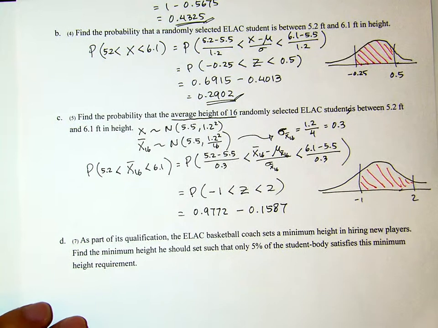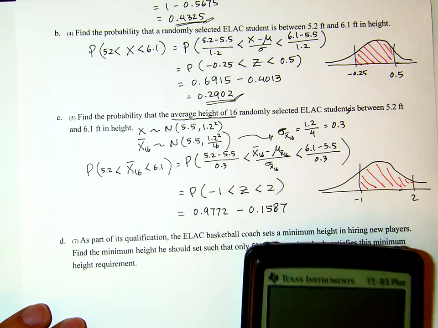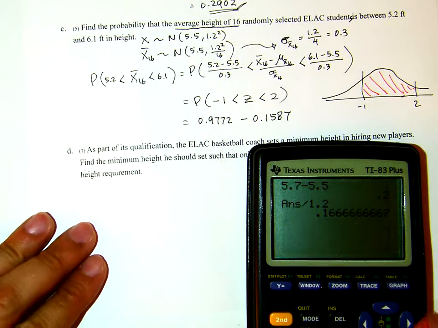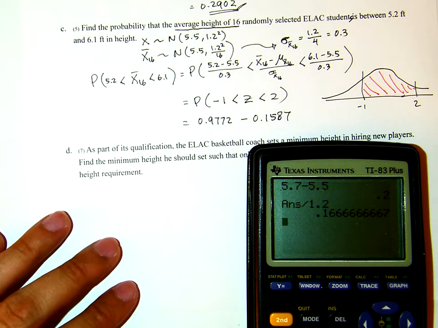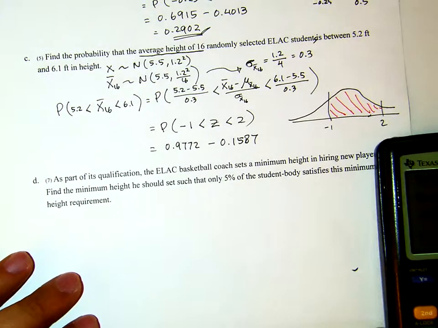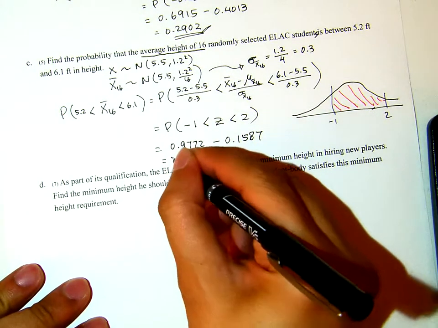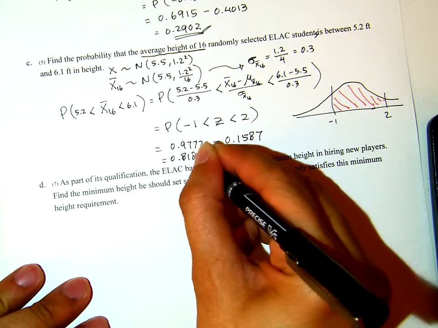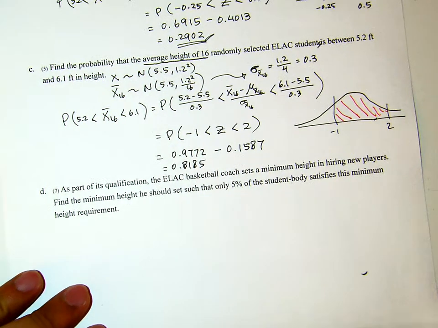When I subtract, using the calculator, 0.9772 minus 0.1587 is 0.8185. That's the probability.